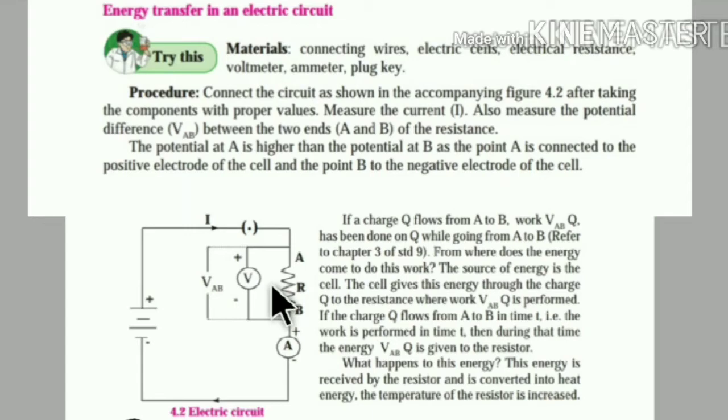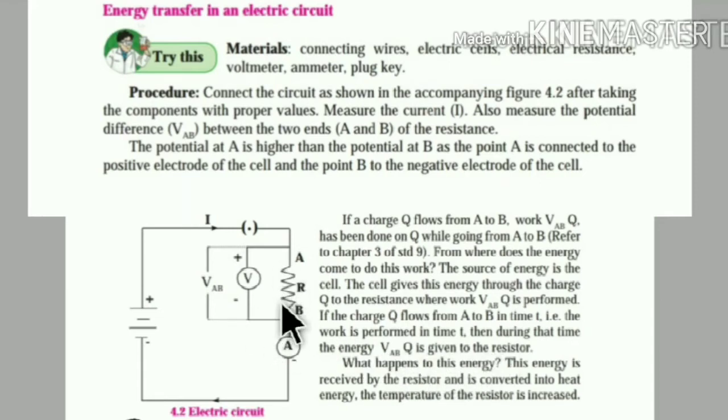If charge Q flows from A to B in time t, that is, work is performed in time t, then during that time the energy, that is V into Q, is given to the resistor.